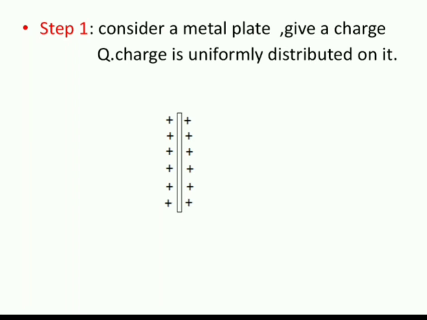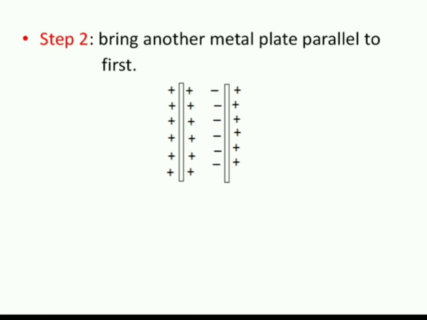So we know whenever you give a charge Q, it is uniformly distributed on either side. Then the second step is to bring a conductor, another parallel plate, and place it very close to the first. And you know, according to induction, a negative charge is induced on the inner side and a positive charge on the outer side. So because of this induction, the potential of the first plate is going to get modified.